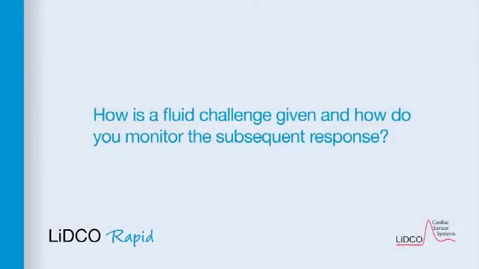How is a fluid challenge given, and how do you monitor the subsequent response? Well, apart from the maintenance fluid as mentioned, I give colloid boluses to patients if their stroke volume variation is outside what is considered to be the normal range, that's 5 to 10%.